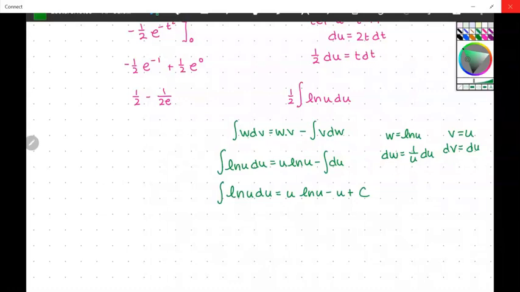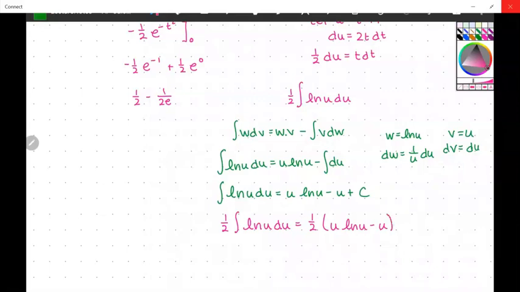Because then we're going to go back to the pink stuff. All right. So that means 1/2 the integral of the natural log of u du is 1/2 times u natural log u minus u.